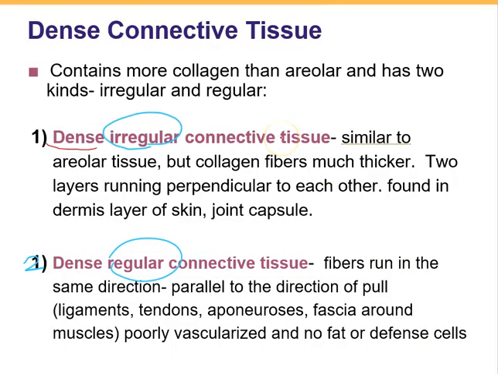Next, let's go over the other type of connective tissue proper, which is dense connective tissue. Dense connective tissue contains more collagen fiber than the areolar connective tissue and is divided into two types, irregular and regular.